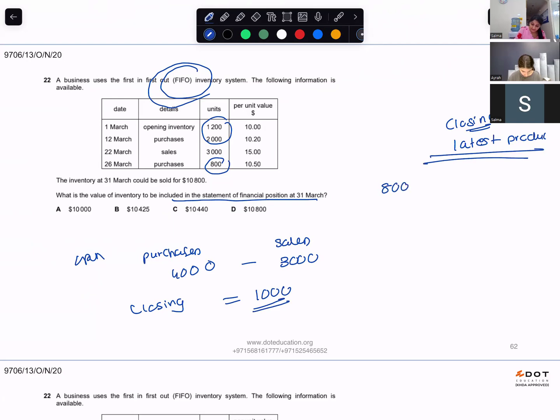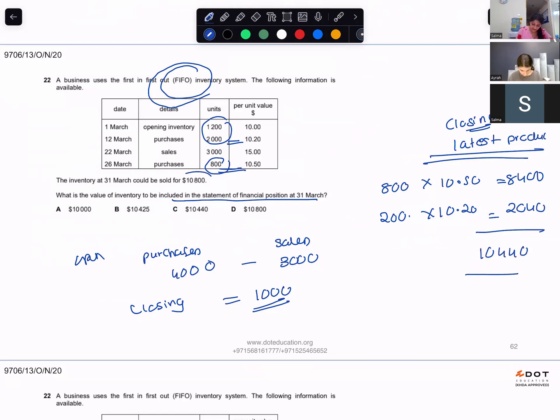So 800 units would be valued at 10.5 and 200 units would be valued at 10.2. So 800 units into 10.5 is 8,400. 200 units into 10.2 is 2,040. 2,040 plus 8,400 is 10,440.